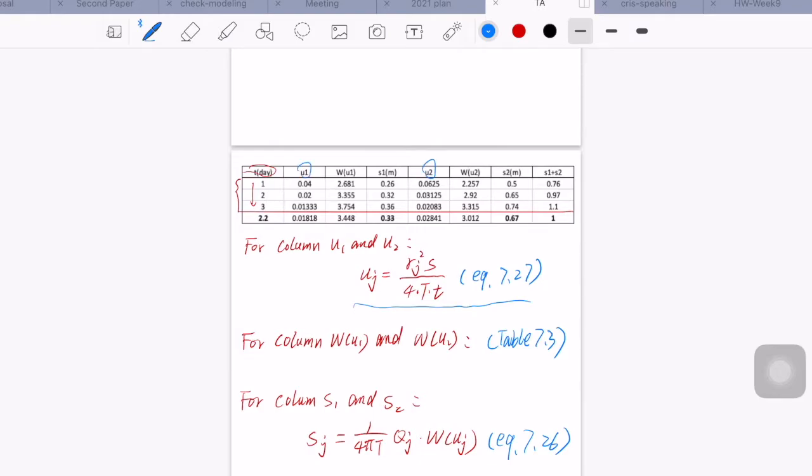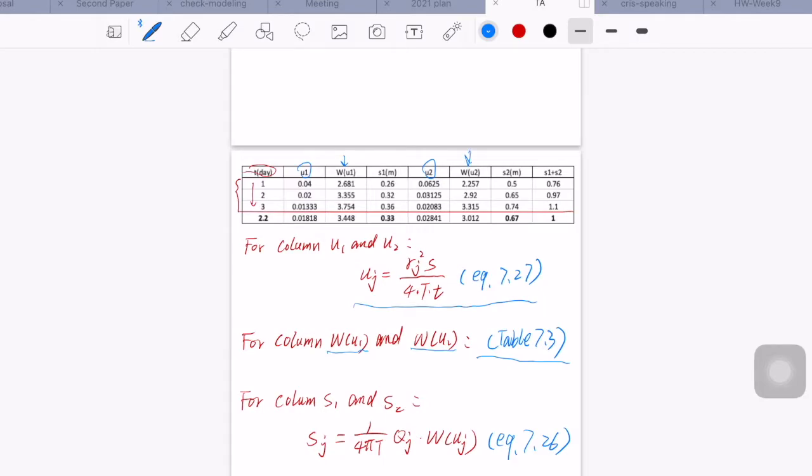This equation is equation 7.27 in the textbook. After determining U1 and U2, we can use table 7.3 to determine W of U1 and W of U2, so we can determine the values in these two columns.